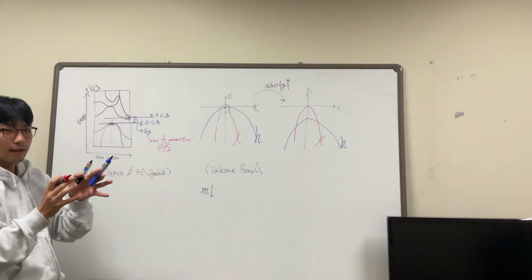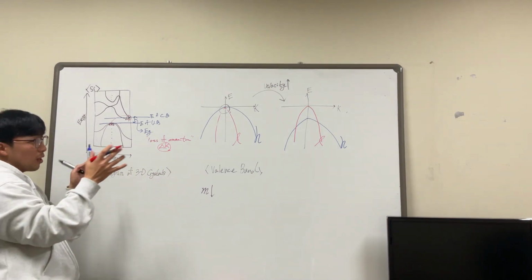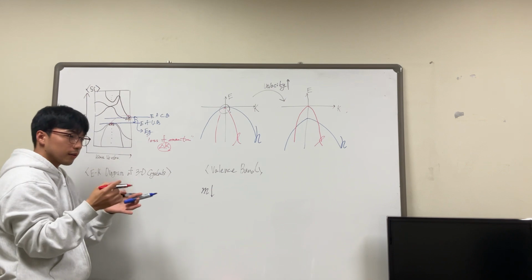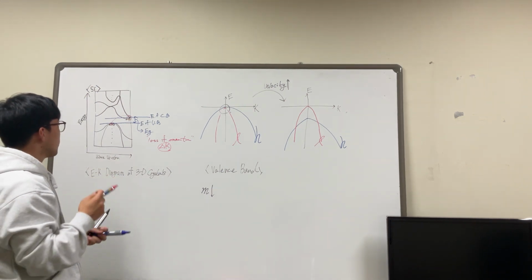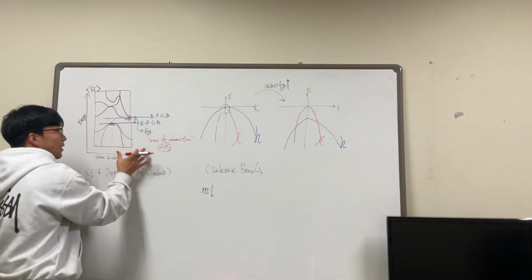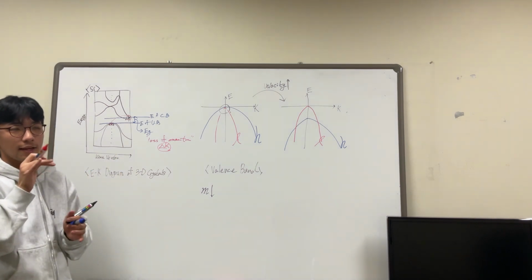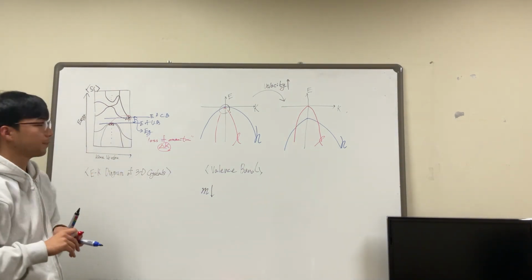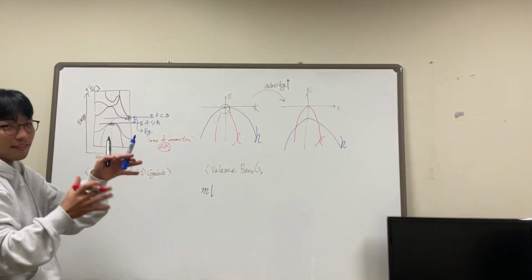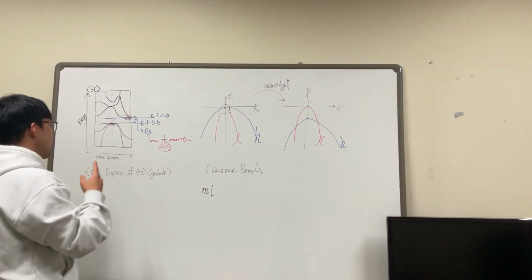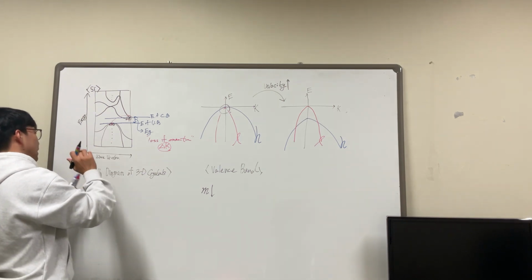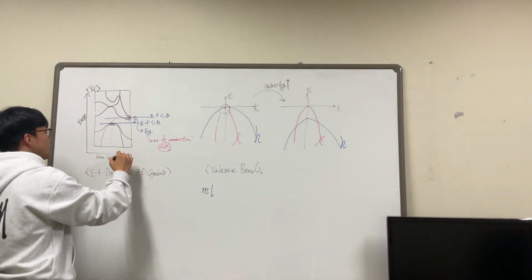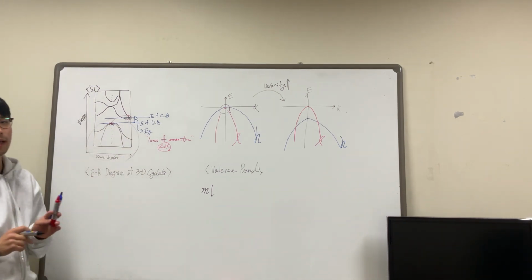Delta k is the size of the loss. So in this case, we call this an indirect band gap.